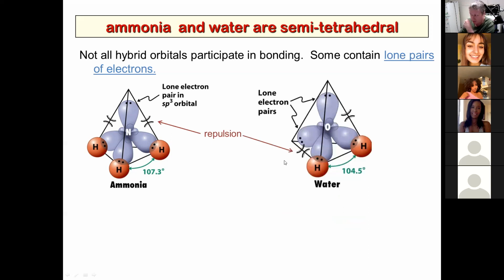But then water looks kind of similar. It's weird though. There's a little weirdness about water. It looks very similar, right? Water looks tetrahedral, and it's roughly tetrahedral. Tetrahedral is 109.5, so it's pretty close, semi-tetrahedral, right? You would think that these are also sp3, sp3, sp3, and sp3, right?